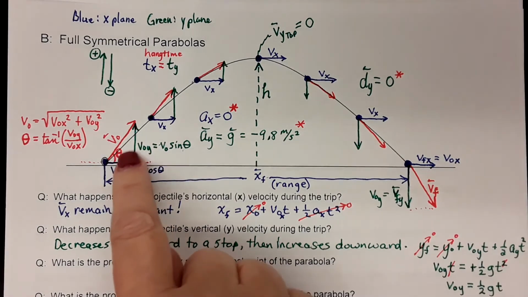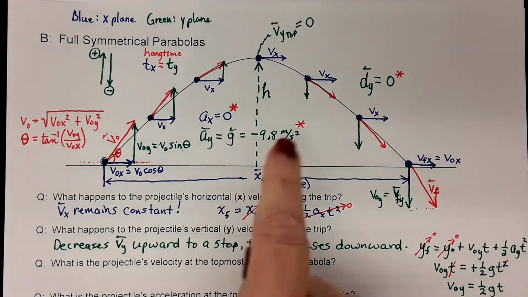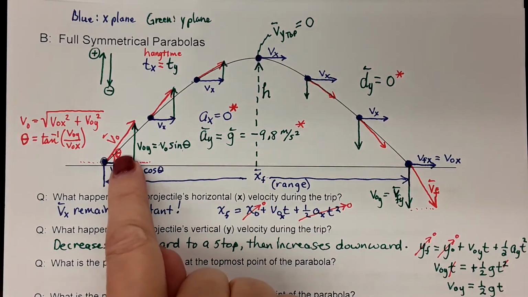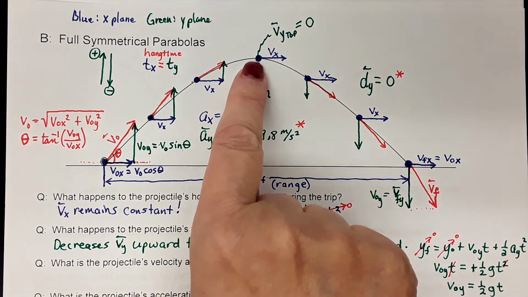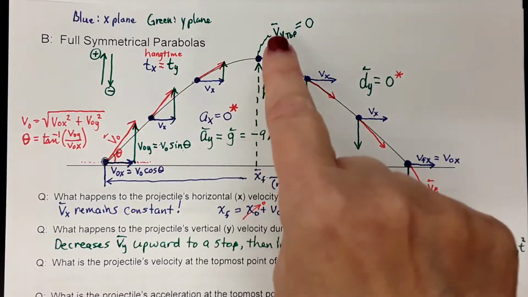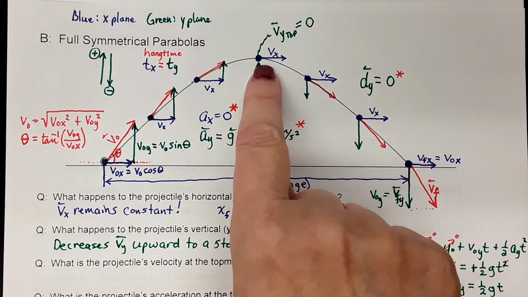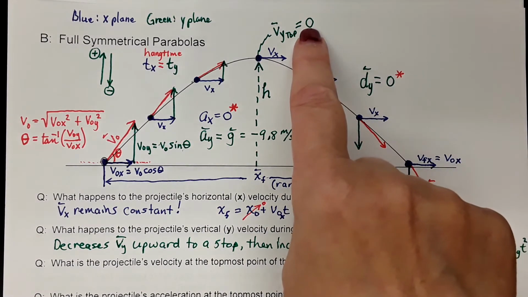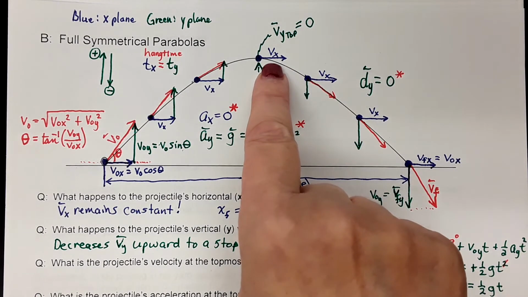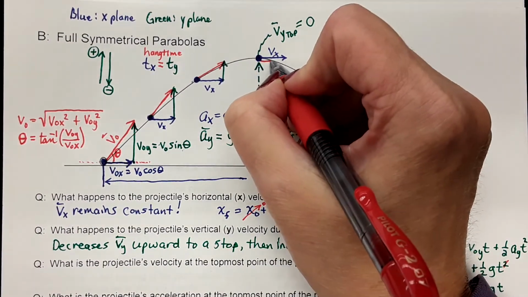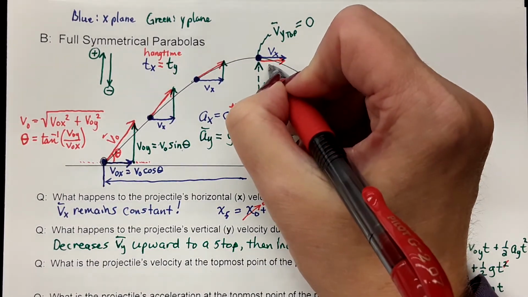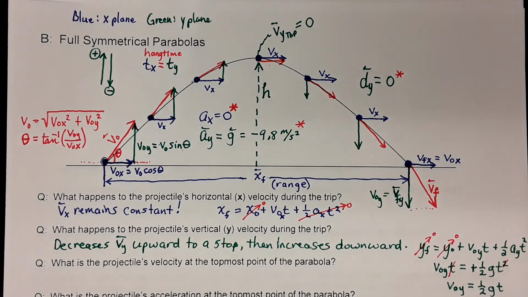So, knowing that at every point the motion, the red, is the vector sum of the blue and the green, let's look at the top. So what is the velocity at the top? Is it 0? No, only part of it's 0. The other part is not 0. So the net velocity at the top is just the horizontal component.